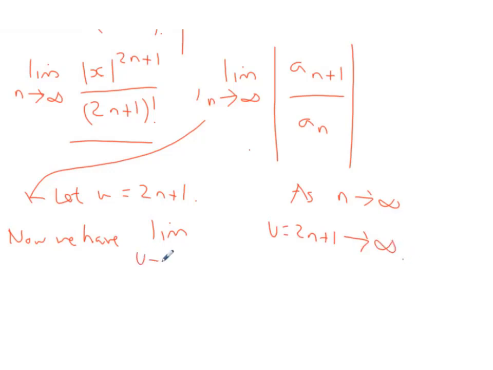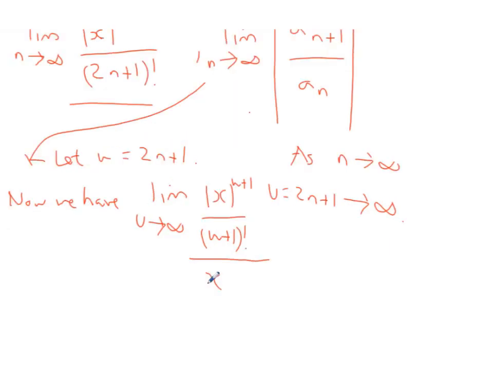So we have the limit as u approaches infinity of the absolute value of x to the u plus 1 over u plus 1 factorial, over the absolute value of x to the u over u factorial. Remember, it's the absolute value of all of that for a ratio test.